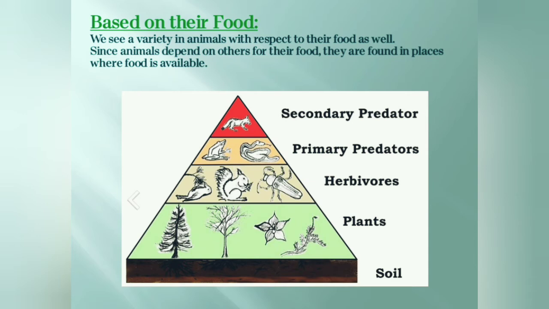From soil plants get their food in the form of water and some minerals, and then from plants, herbivores like birds, squirrel, rat and insects get food, and they are considered herbivores. Then primary predators like snake and frog eat herbivores. And at the top there are secondary predators. They eat primary predators, herbivores, plants as well. Okay, so this is based on their food.